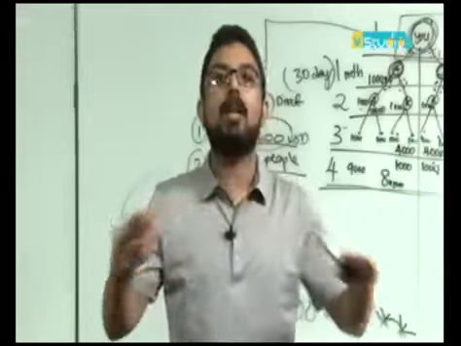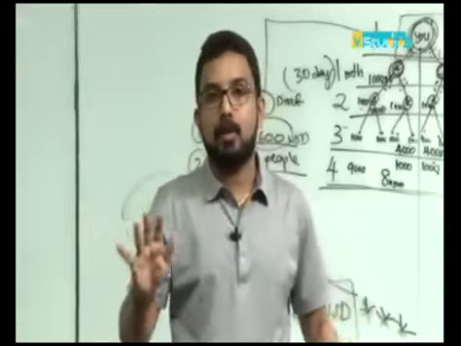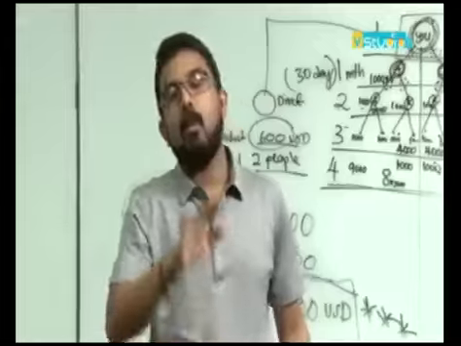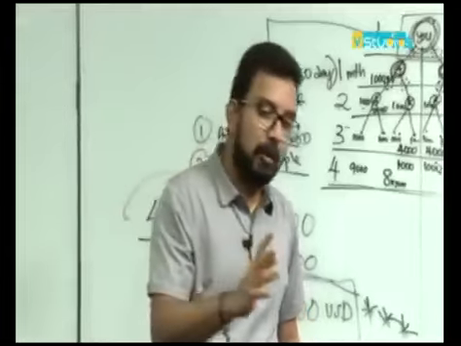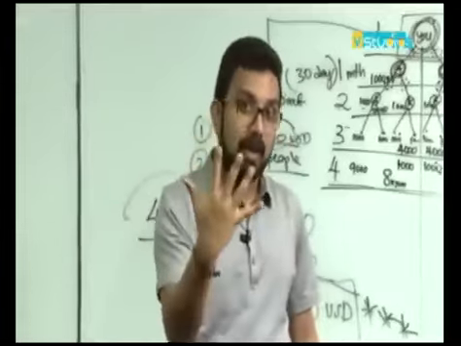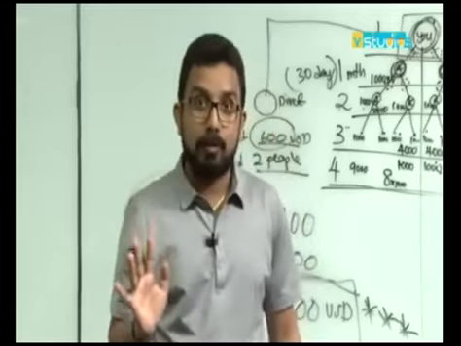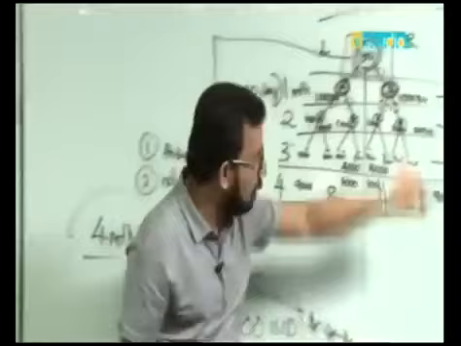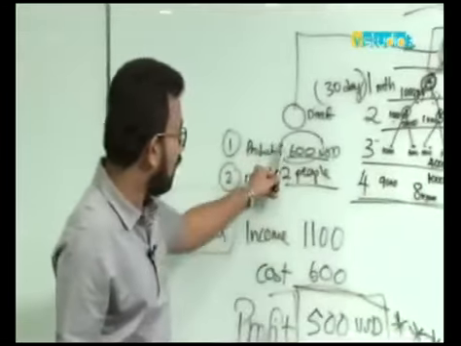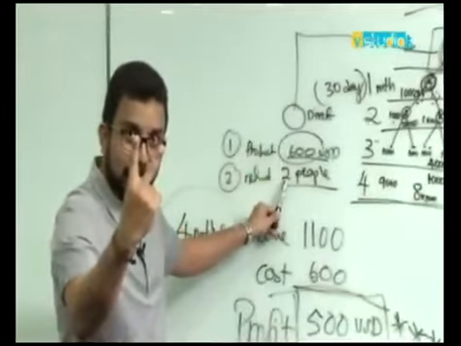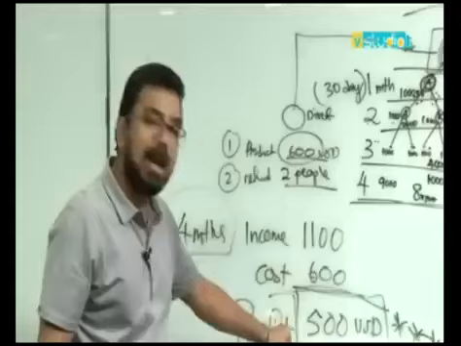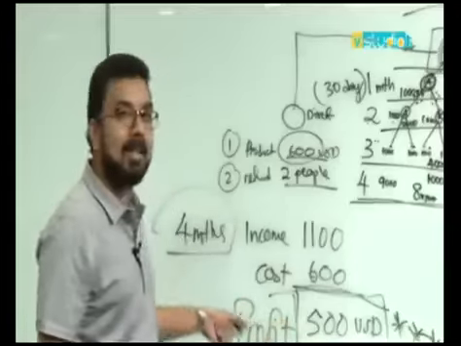Now let me tell you this. No traditional business in the world gives you profit after 4 months. Most businesses take anywhere from 2 years to 5 years to break even, not even talk about profit. But here with QNet, with networking, you bought a product, you referred 2 people, and you made a profit of $500 after 4 months.